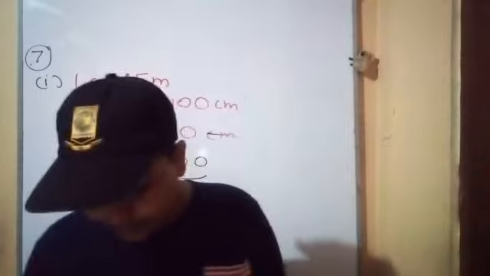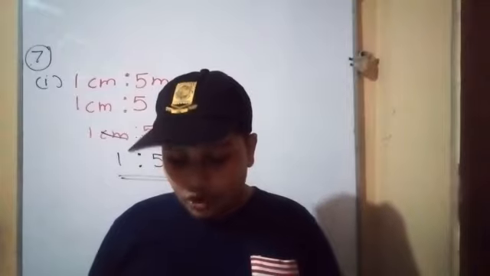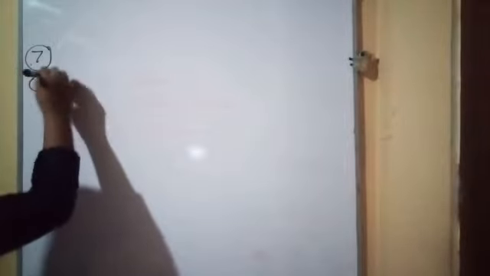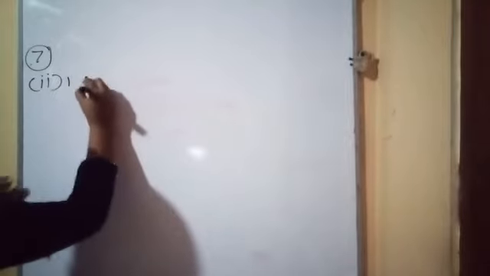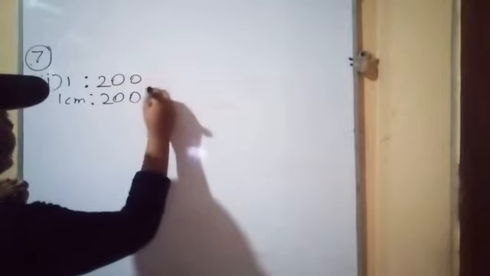Second one, find the actual length of a house which is represented by 8 centimeter in a scale diagram drawn to the scale 1 to 200. Now 1 to 200 means 1 centimeter means 200 centimeters.